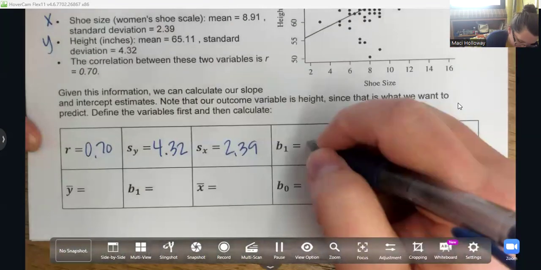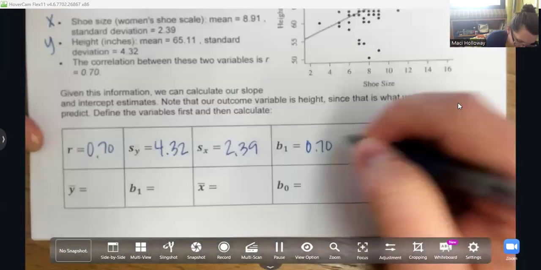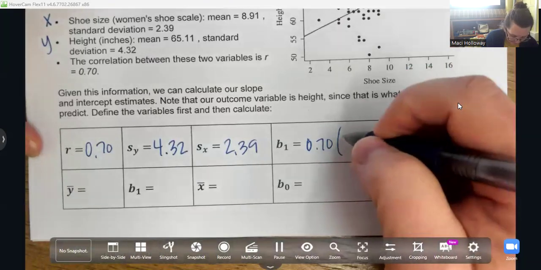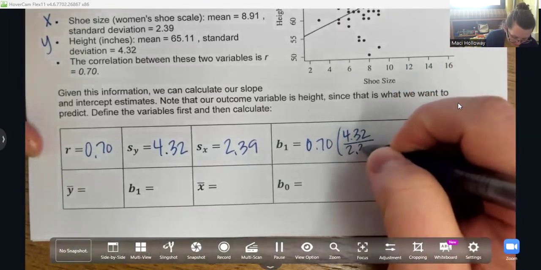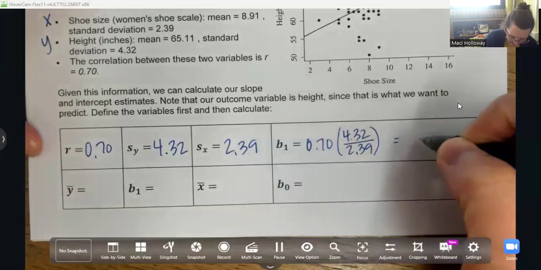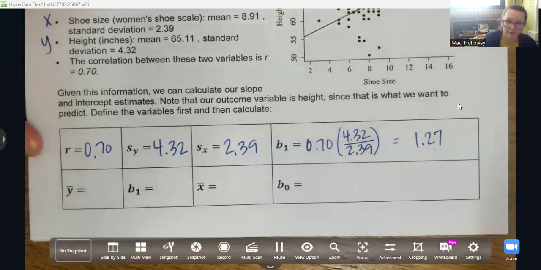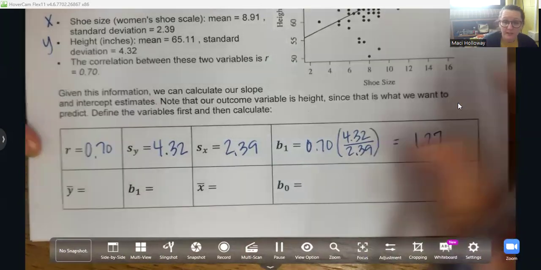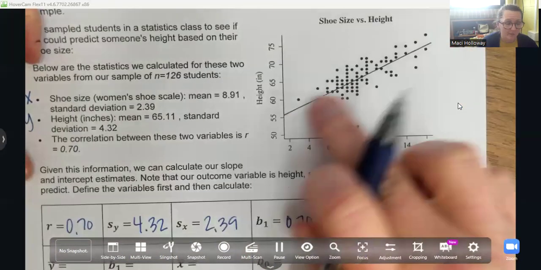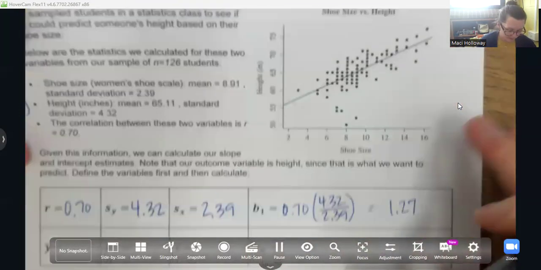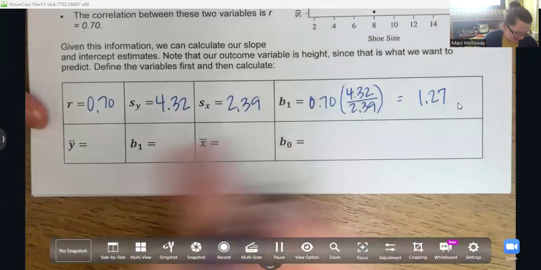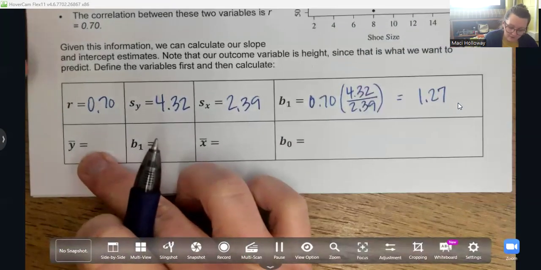So we have 0.70 times 4.32 divided by 2.39. And that comes out to 1.27. So we know that we have a positive slope. We can verify that by seeing that our linear regression line here is also positive. Now let's find our y-intercept.